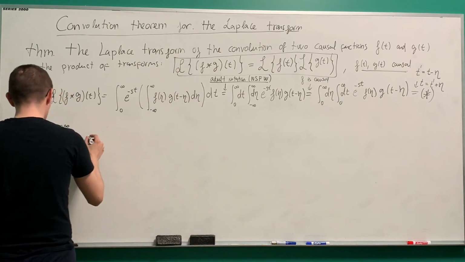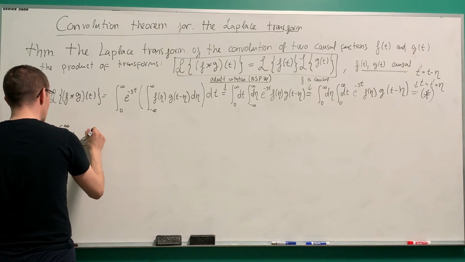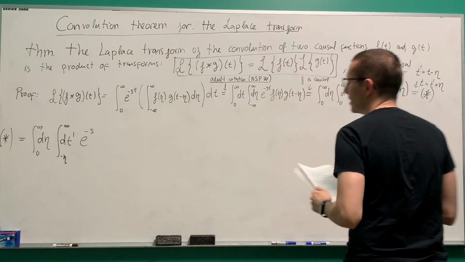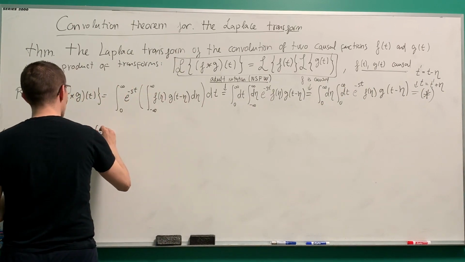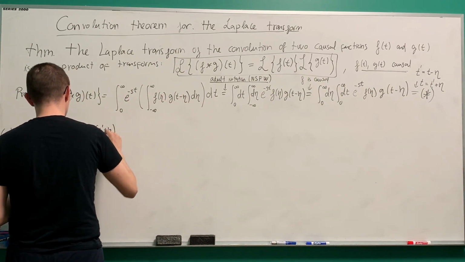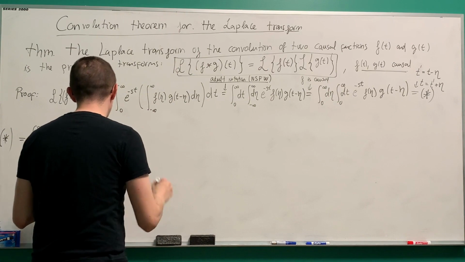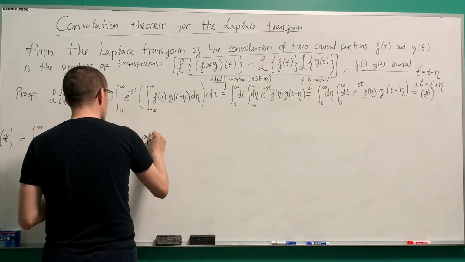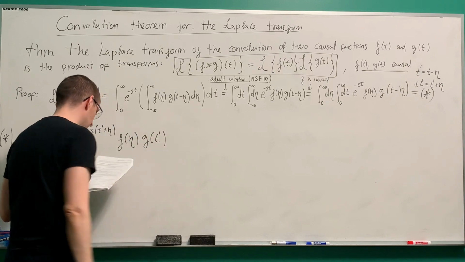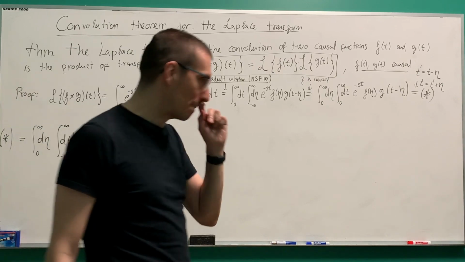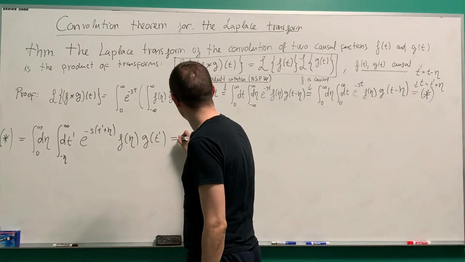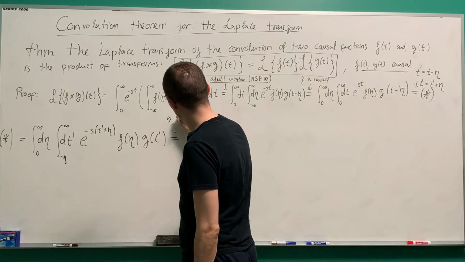So then we get e to the minus s. Now we had a t that becomes t prime plus eta. And then we get an f of eta that doesn't change. And then a g of t prime. Correct? All right. Now we can use that g is causal.